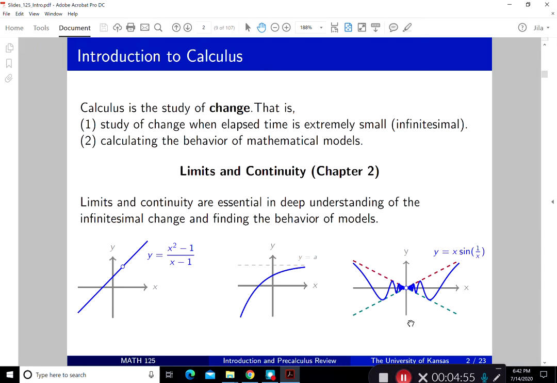And it's interesting because there's so much oscillation happening right there, but then you kind of see the trend of the function going toward this point that is not there, as it did over here.